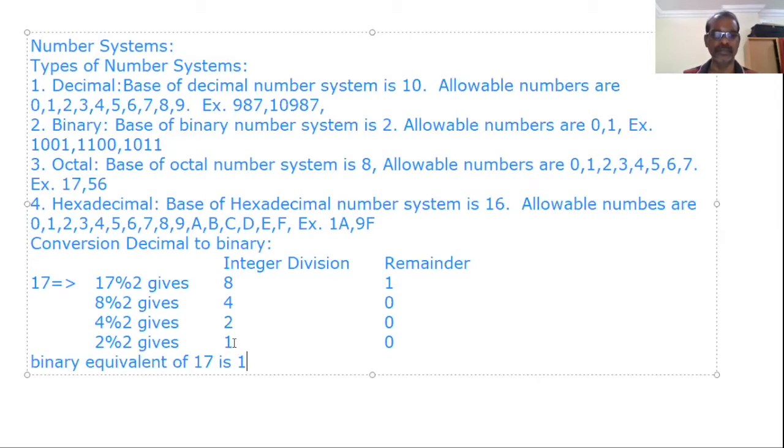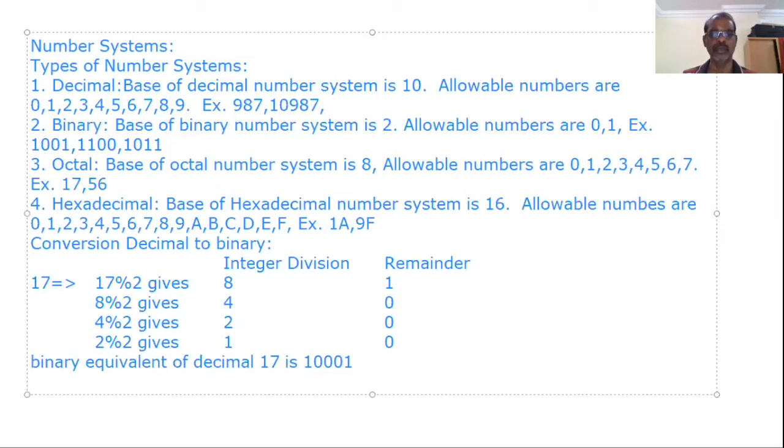We include these remainders: 1, 0, 0, 0, 1. Understand? So the binary equivalent of decimal 17 is 10001. You can confirm it, 10001.